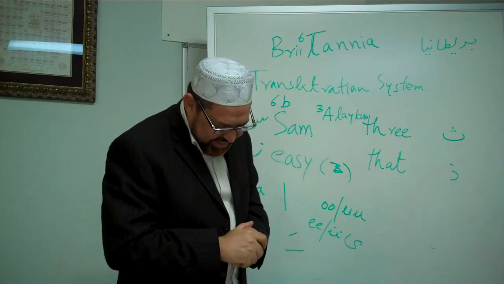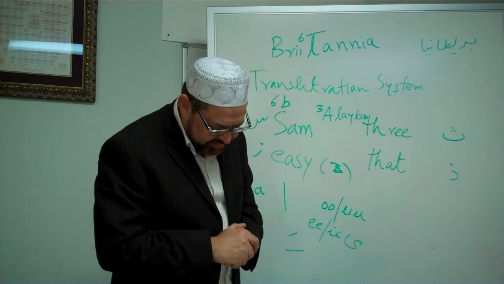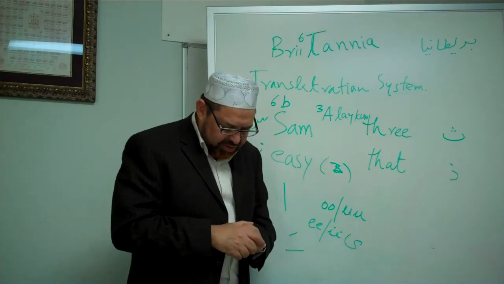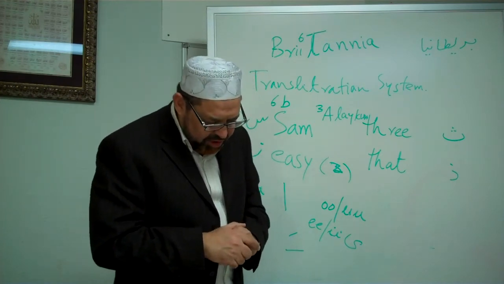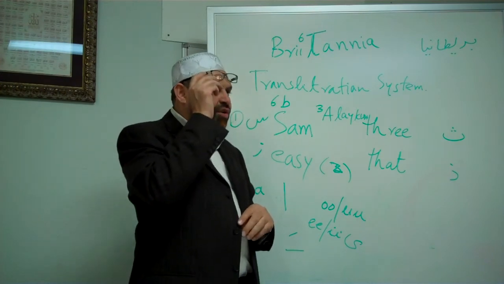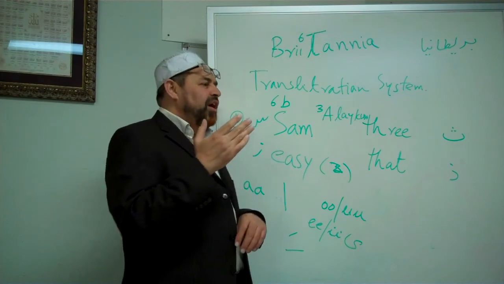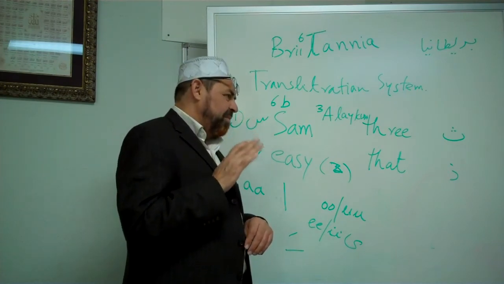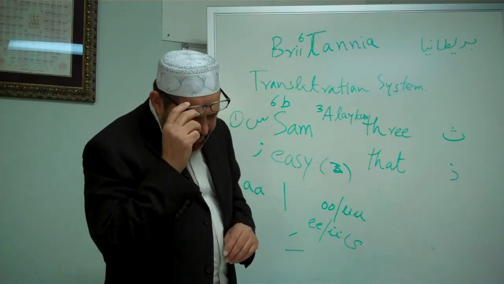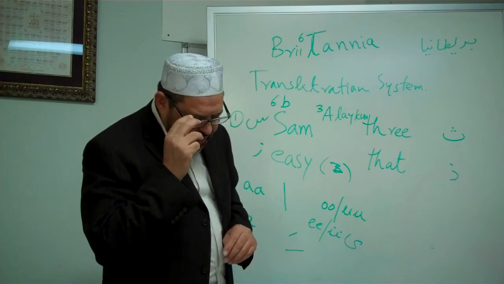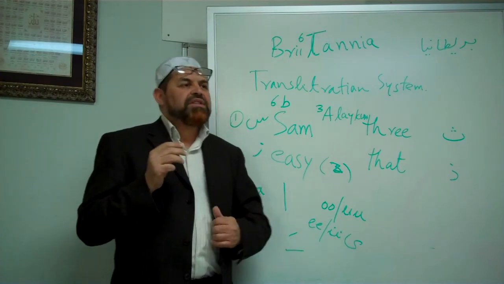Okay. Then we have the letter Kha. This is a KH sound, like the German or Hebrew CH. The same way the German people pronounce their CH sound, it's the same as Kha in Arabic. Then we have the letter Dal, and it is a thin letter.